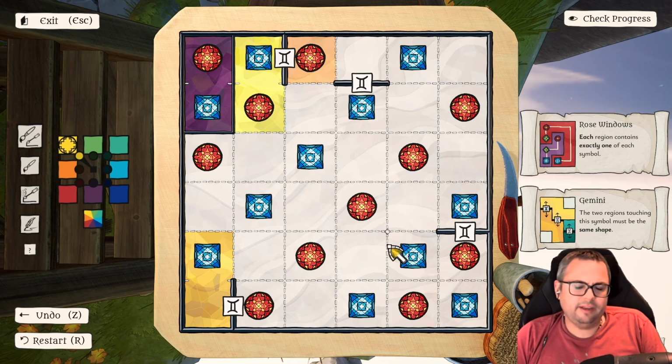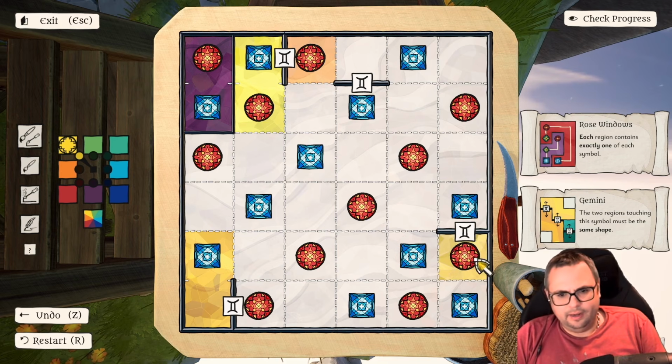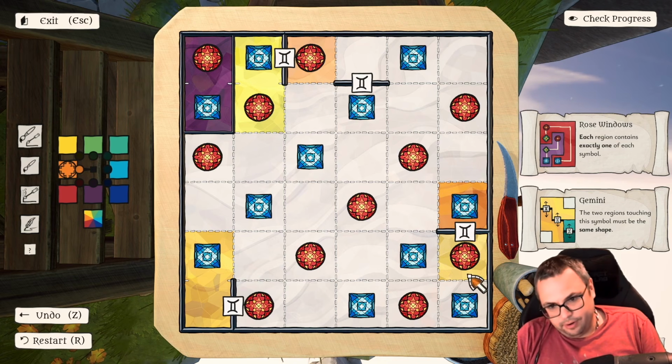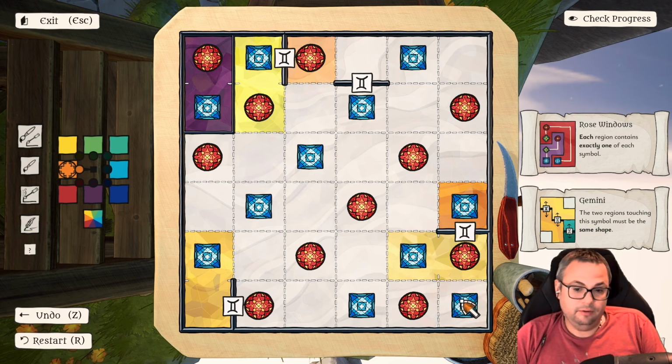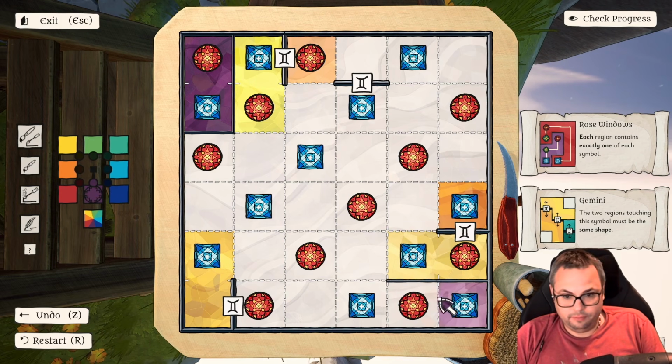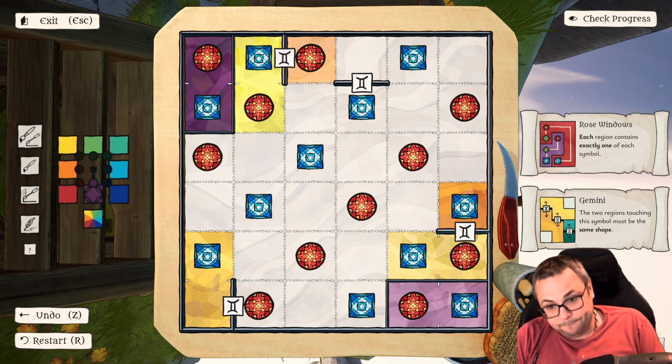Okay, we can repeat the same argument here, actually, with yellow and orange. Orange definitely isn't a domino, so yellow isn't a domino. And if yellow went here, it would definitely be a domino, so yellow goes here. And therefore, there's a purple here, and that purple is a domino.